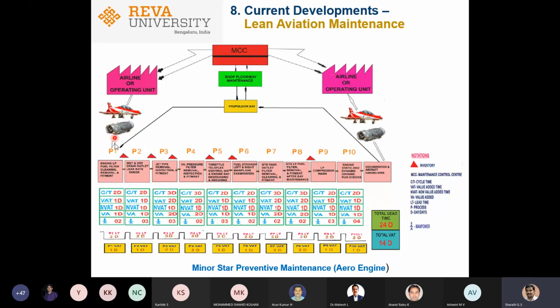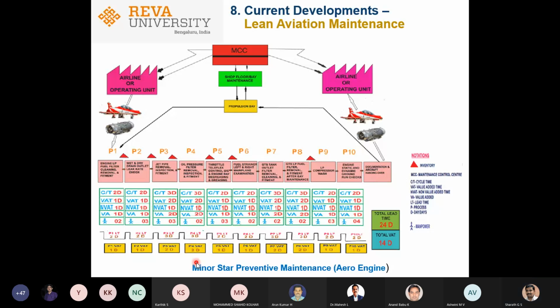So when it gets handed over to propulsion bay, then it undergoes various processes. Various servicing activities are carried out. We'll have some processes before it is made available, and it is brought to its original state.